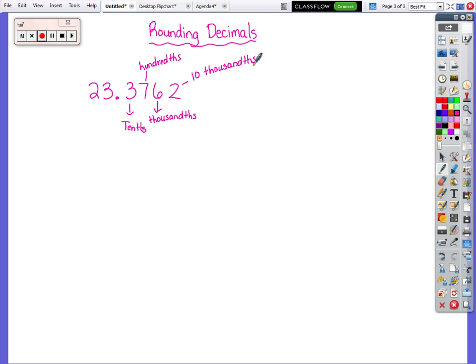Okay, so first step when we are rounding, just like we did with rounding whole numbers, we are going to underline the place value we are rounding to.